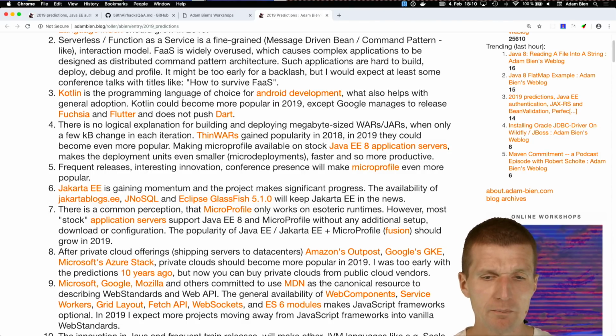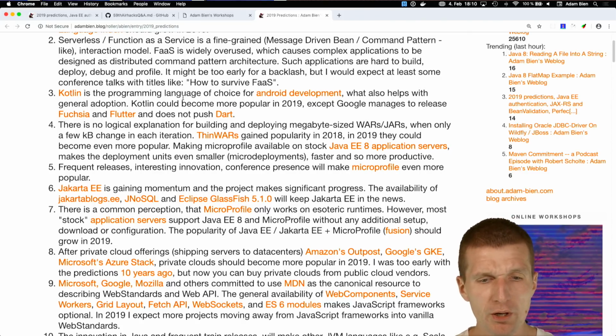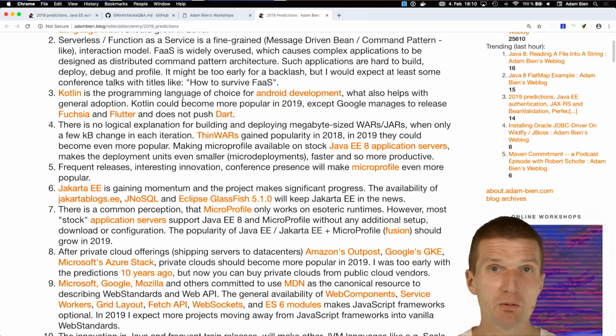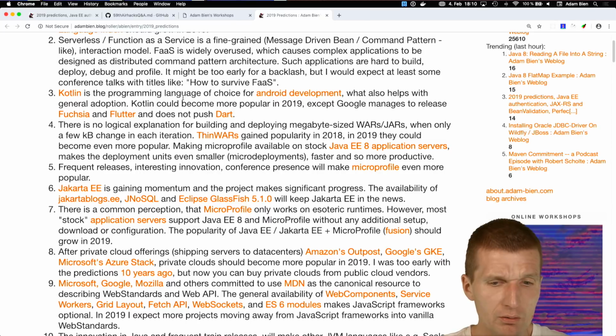If they push Fuchsia, or however it is pronounced, and Flutter, I think they could even push Dart a little bit more. And the question is, will Kotlin's popularity grow in case Google moves away from Kotlin? This would be an interesting exercise. But I think Kotlin could still grow, because now it's very fashionable and also a nice language.